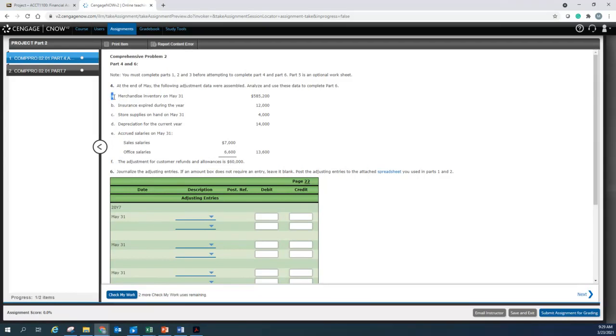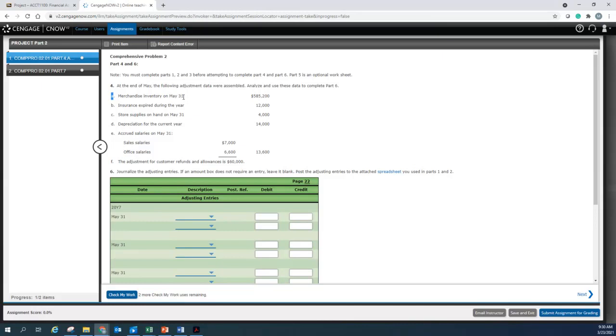The first one is A here. Let's do that. Merchandise inventory on May 31st. That is the ending balance of merchandise inventory, or the current balance at that moment on May 31st.